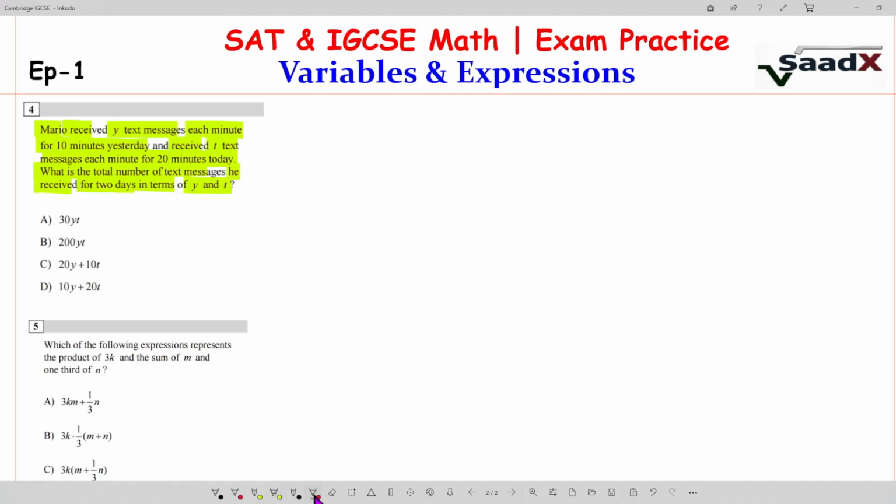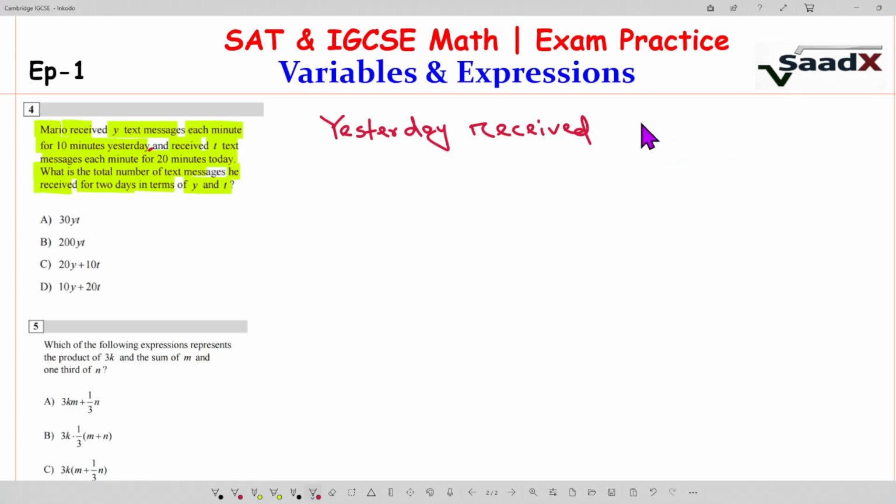So first we have to understand this expression. Mario received Y text messages each minute for 10 minutes yesterday. This is the yesterday matter. Yesterday, received Y text messages each minute for 10 minutes.